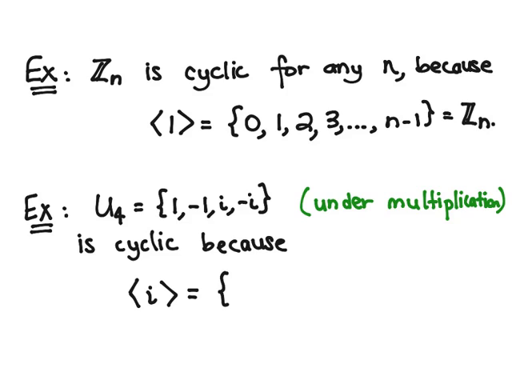If I calculate the subgroup generated by i, it'll contain the identity, which is 1, the element i itself, i squared, which is -1, and i to the third power, which is -i. So I've now hit every element, meaning the subgroup generated by i is all of U4, and that shows that U4 is cyclic.